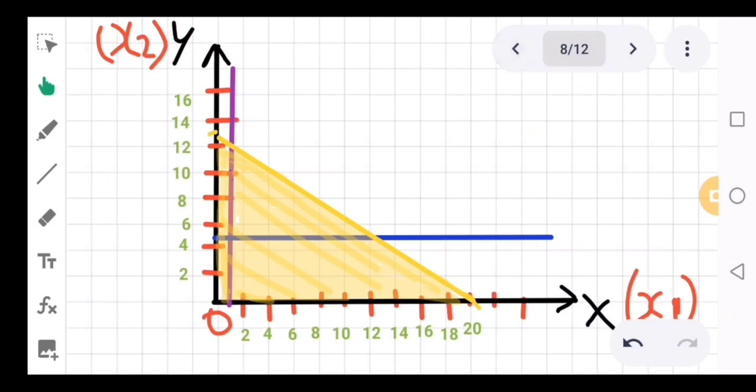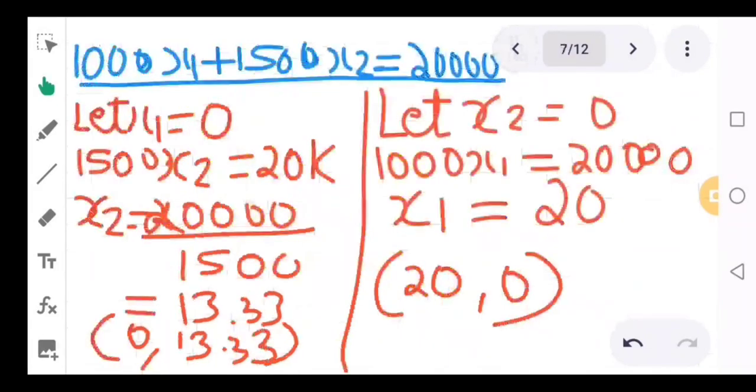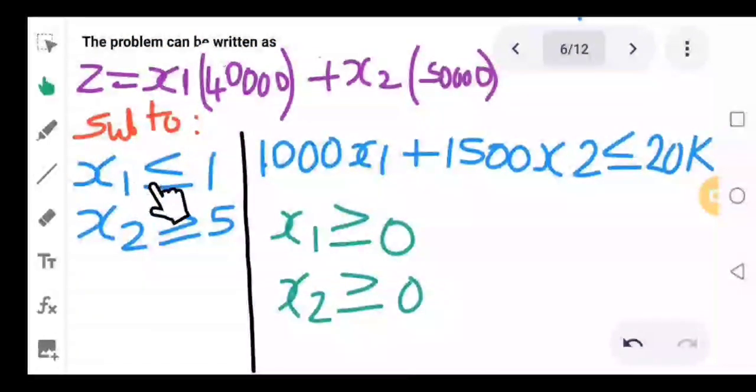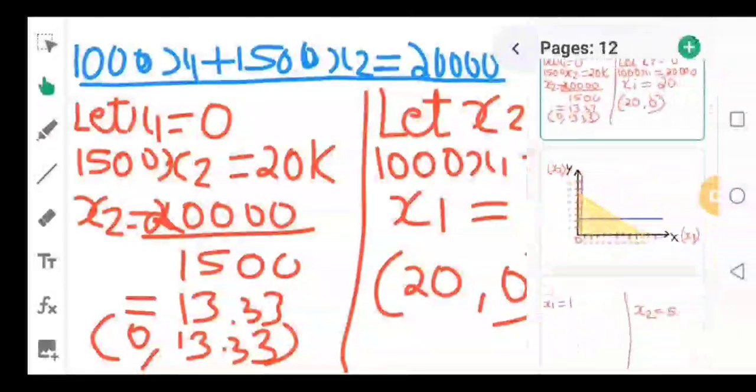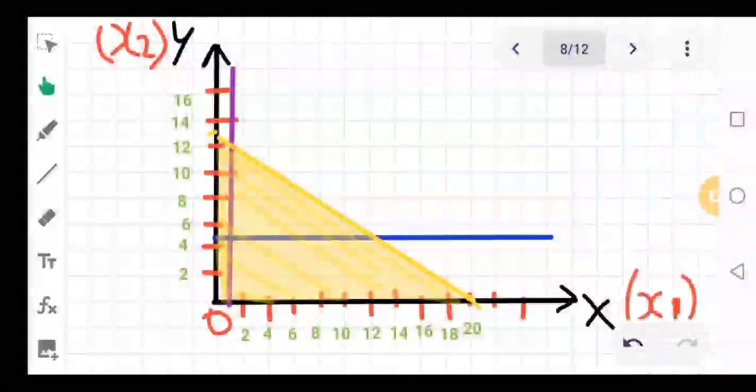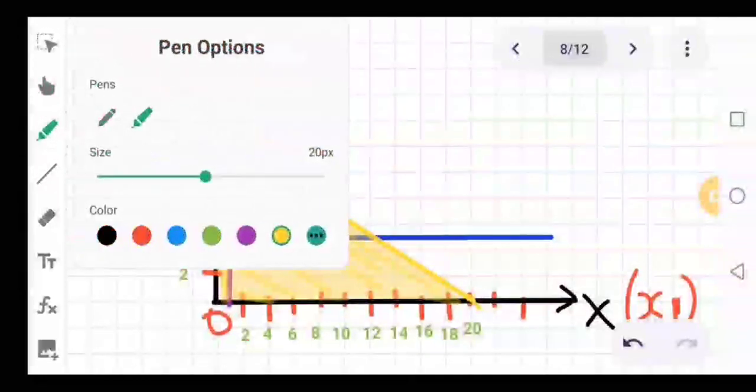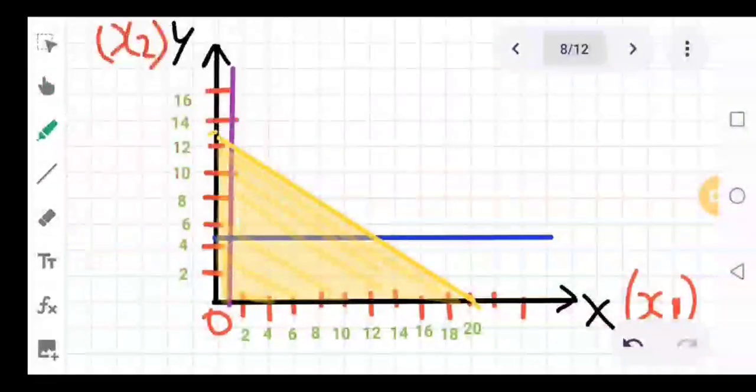But in reality, what was the sign? In reality, the sign was less than or equal to, and whenever there is less than, we should shade it inwards, towards the origin. That means even the purple one, we have to shade it inwards. So I'll be shading this inwards.